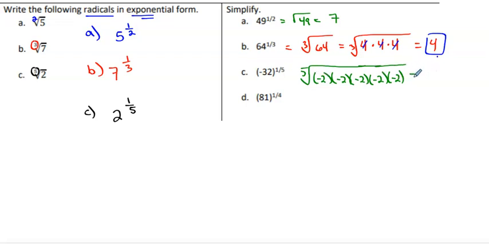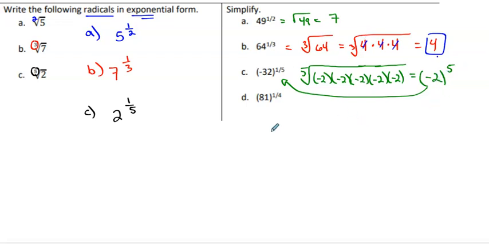So the fifth root of -32, what's the root of all that? The root is -2. I'm just taking all those 5 of those -2s and writing, well, the root is -2. The fifth root of -32 is -2.